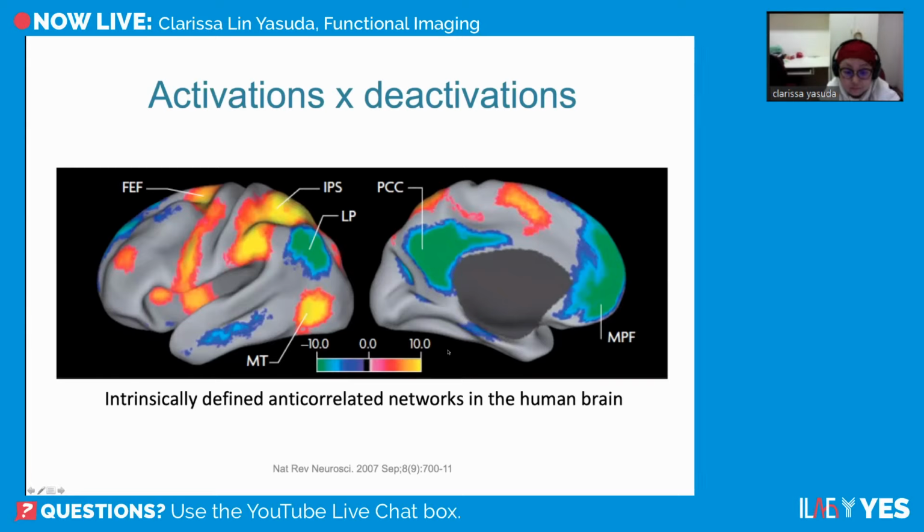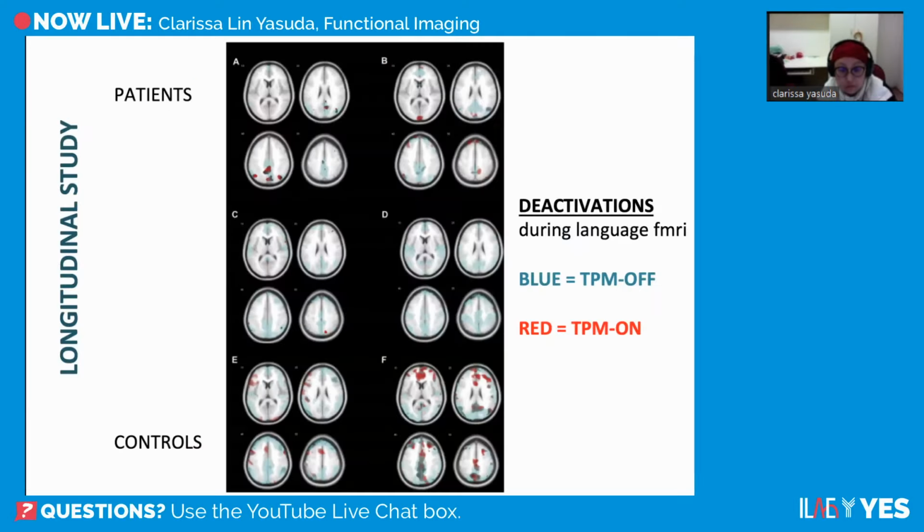This is a review from Nature, which explains it. Whenever you have an activated task, you have to deactivate the default mode network, right? So when you activate something, you have to deactivate another network as well. Then we performed some individual studies in a longitudinal way, with the same subjects on and off topiramate.